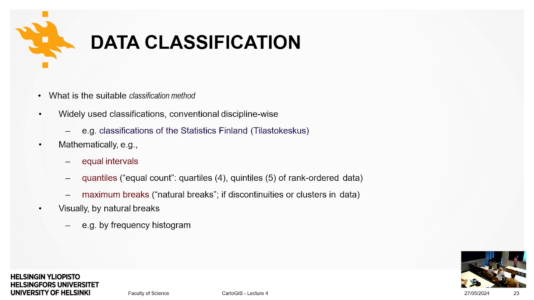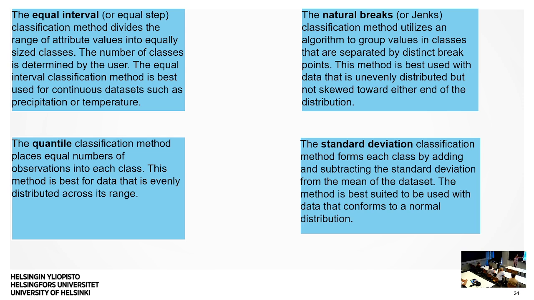But there are different classification methods that you can choose from. There's a lot of information here you can go through later, but I'm just showing you some of the examples that are common in GIS. This classification, of course, is not limited to GIS. We have equal interval, and again, choosing this is based on your data distribution.